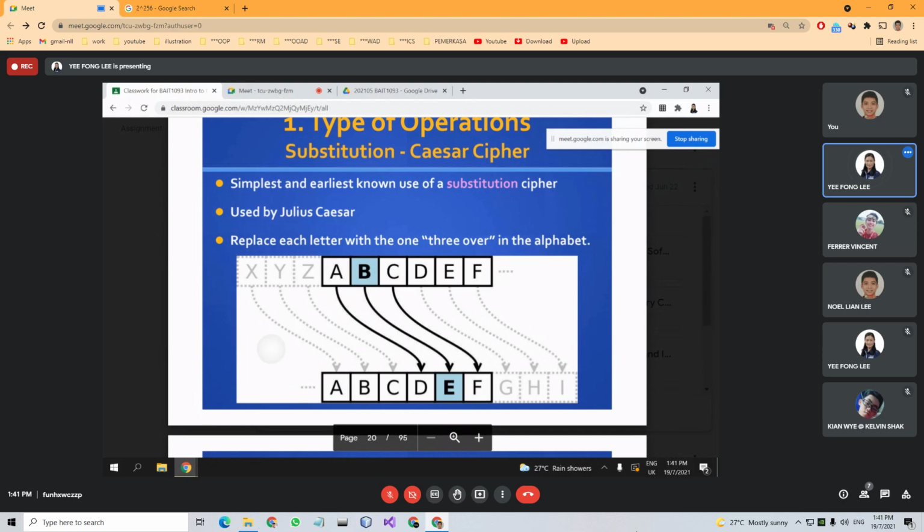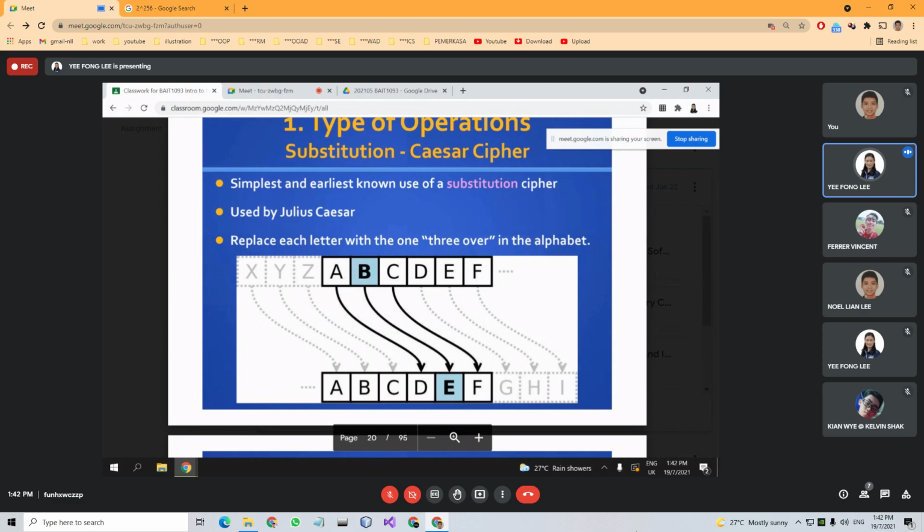So how does this substitution work? You look at the picture. With a picture it is easier to understand. The Caesar cipher involves replacing each letter with the letter standing 3 places further down. This is the example that I gave you. Note that the alphabet here wraps around, which means after Z it will come back to A again.